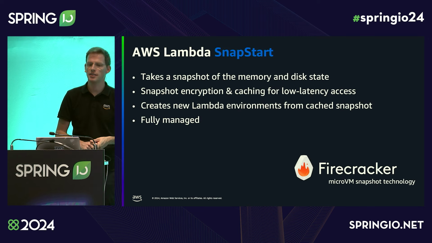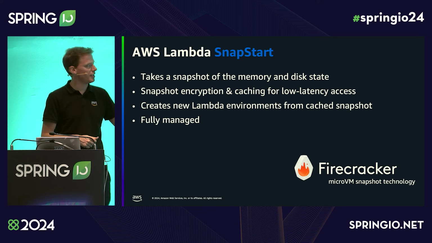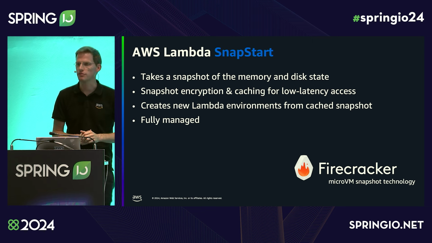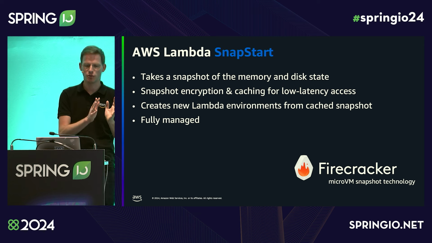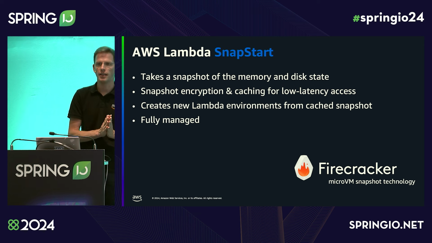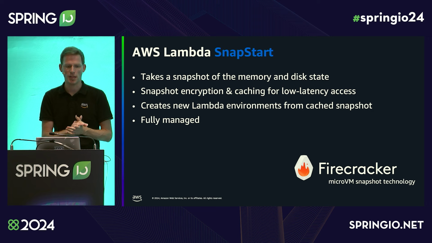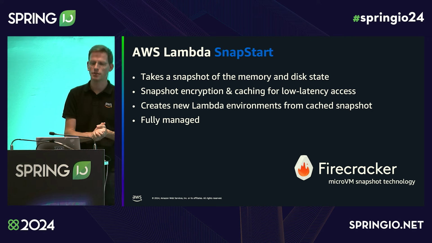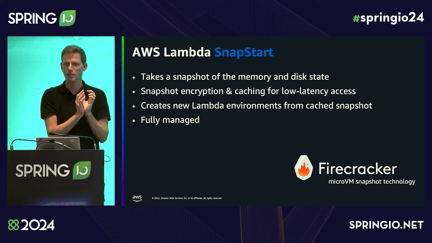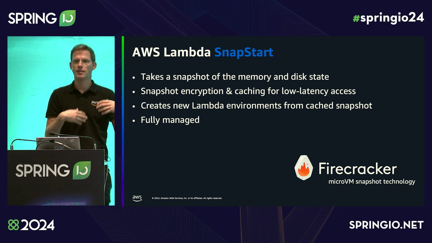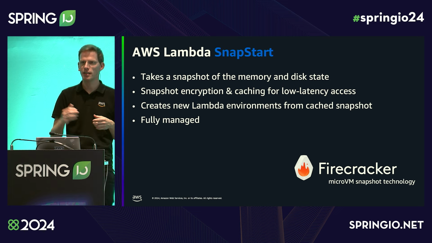We have the micro VM snapshot technology that we use Firecracker for. Max already told you about Firecracker. The execution environments are running as part of Firecracker micro VMs that get started to handle your requests. And we basically take a snapshot of the whole micro VM, so not just the JVM, like CRaC does.